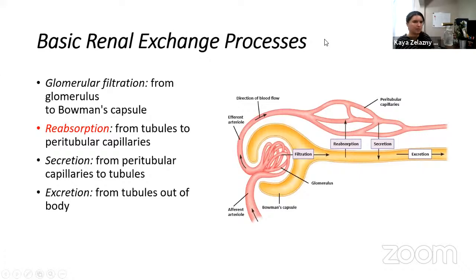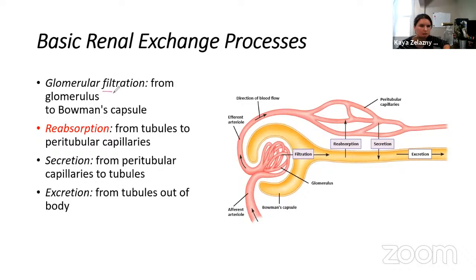So for the next little bit, so the rest of today and probably on Wednesday as well, we're going to be kind of stepping through the parts of the nephron. We're going to be focusing on sort of 3-4 processes that are going on. So we're going to trace where they're happening in each section and if they're happening in each section. So we want to be able to tell these words apart, right?